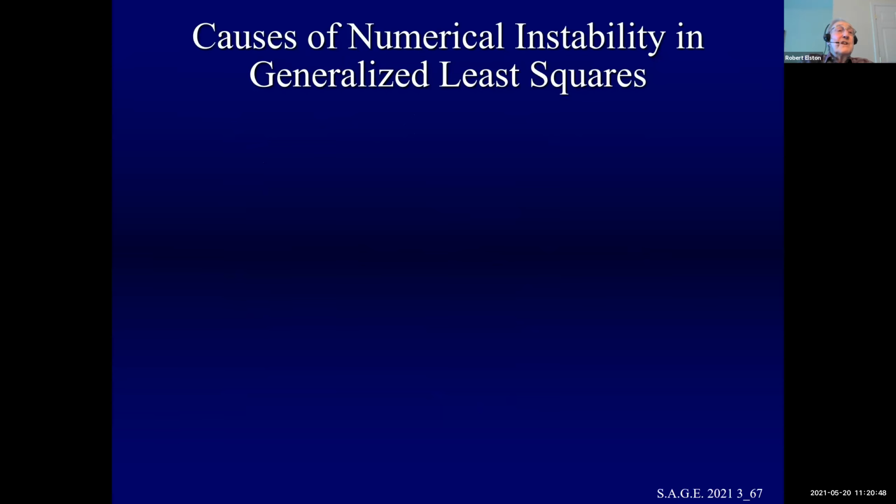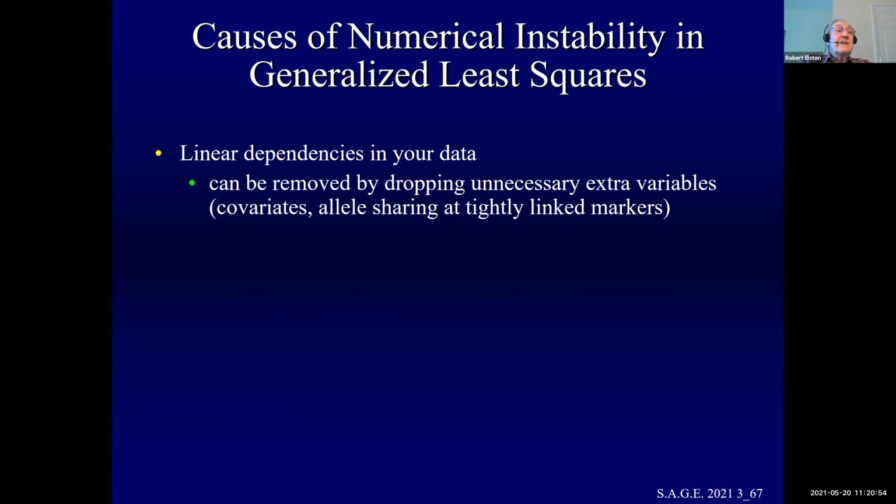So let us consider now causes of numerical instability in generalized least squares. If you have linear dependencies in your data, that will cause numerical instability. This can be removed by dropping unnecessary extra variables, covariates, allele sharing at tightly linked markers. That's one thing you can do.